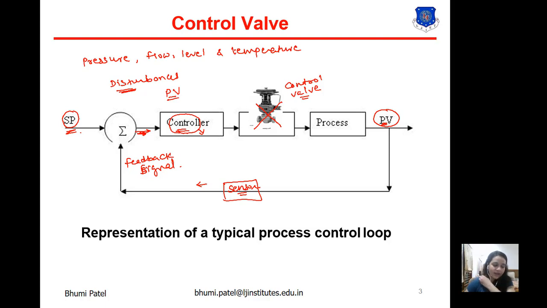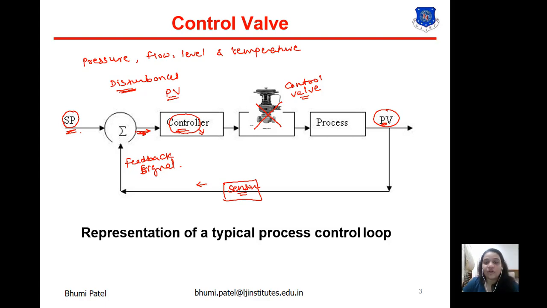The control valve manipulates a flowing fluid such as gas, steam, water or chemical compounds to compensate for the load disturbance and keep the regulated process variable as close as possible to the desired set point.